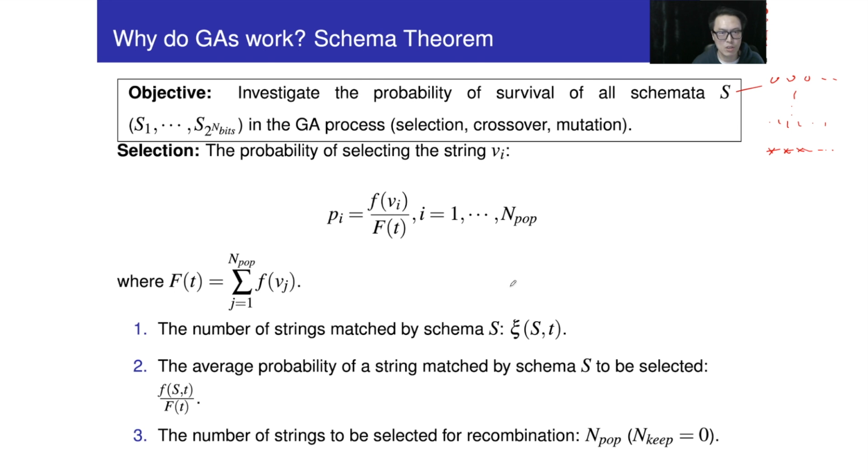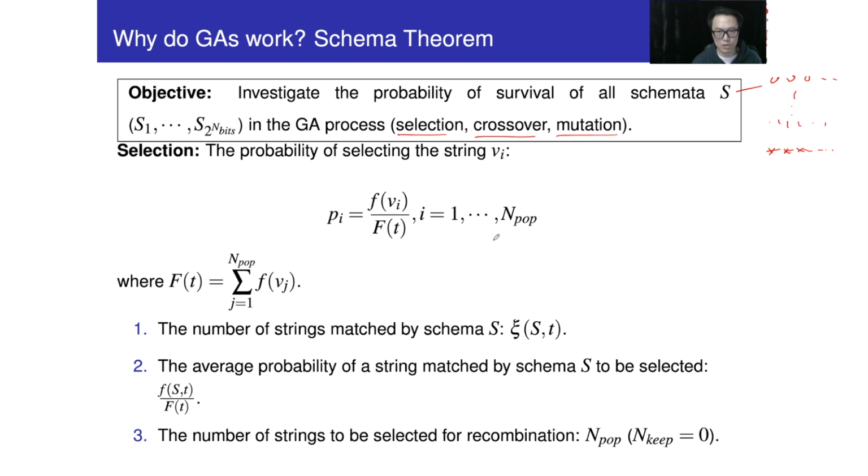That is what we would like to do, and we are going to investigate whether this schema will survive after the selection, whether it will survive after the crossover, and then after the mutation, just one by one. Now, to recall, this Pi is the probability of selecting the string Vi as a parent.